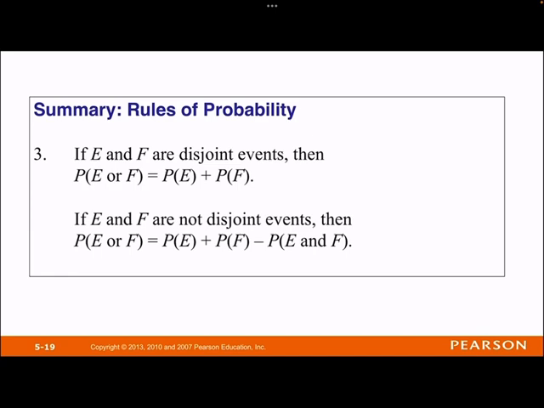For example, if you wanted a red card or a king in a standard deck of cards, there are 26 red cards and 4 kings, but 2 of those kings are red. So you counted them with the red cards and with your kings, and we need to get rid of the 2 that we double counted. That would give you a probability of 28 out of the 52 total cards.